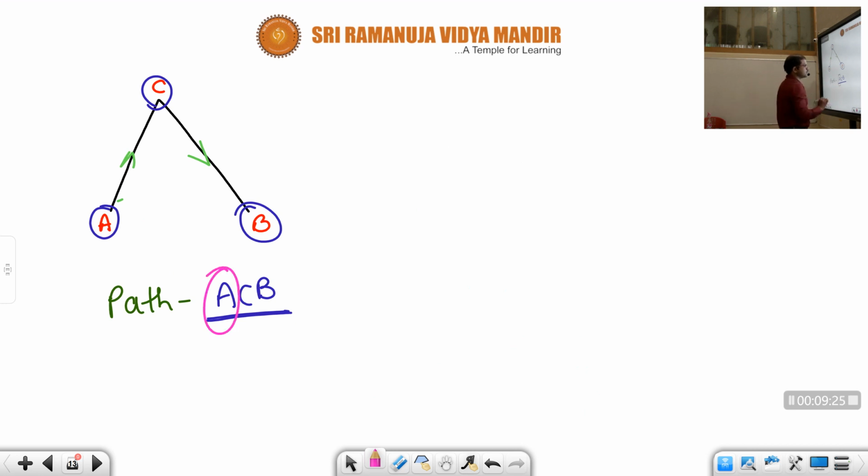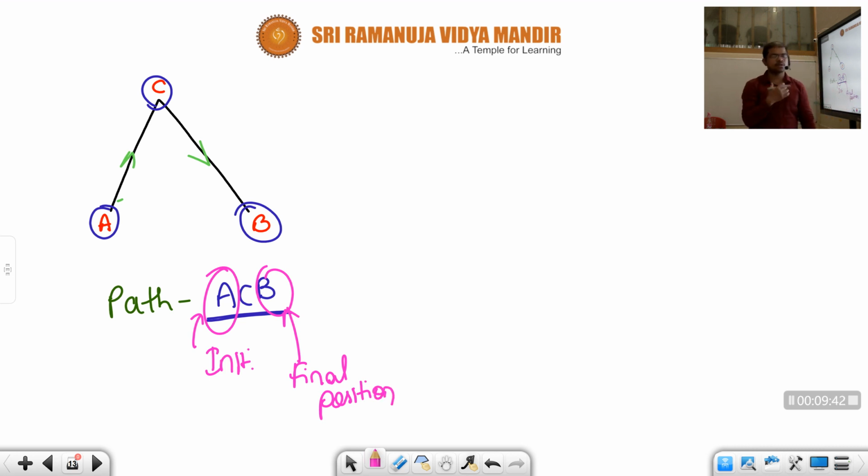Here A is the initial and this B is the final position. Children, remember, this is very important. This concept may look very simple, but how simple it is, that much important it is while solving problems.